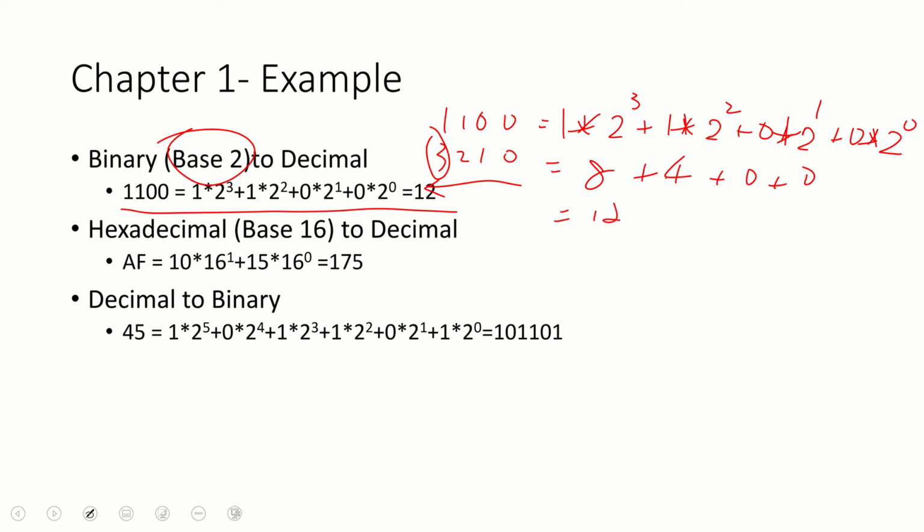So this is the idea of how to convert to decimal: we need to multiply each digit by its base number.